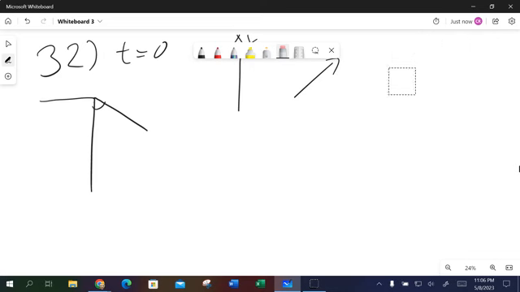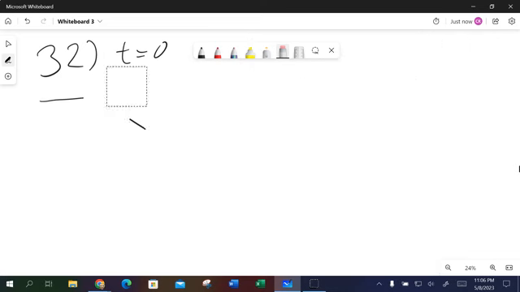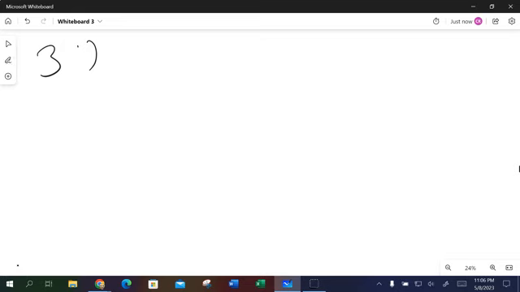Moving on to question number 33. Question number 33 asks us about the center of mass and momentum. So it gives us this graph right here, and it gives us 1, 2, 3, 4, and 1, 2, 3, 4, 5.